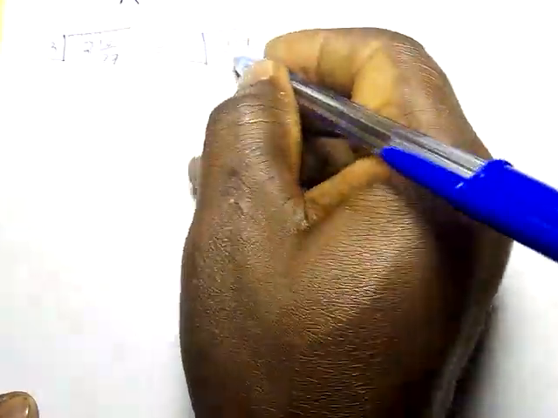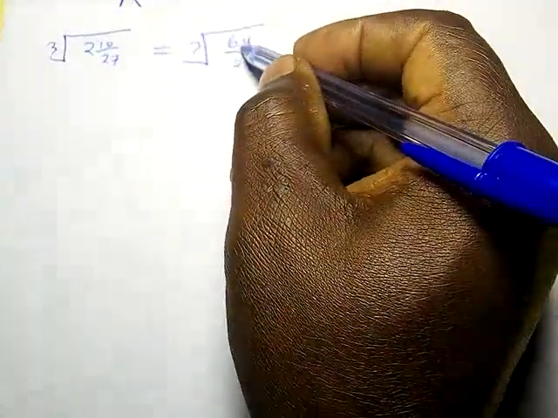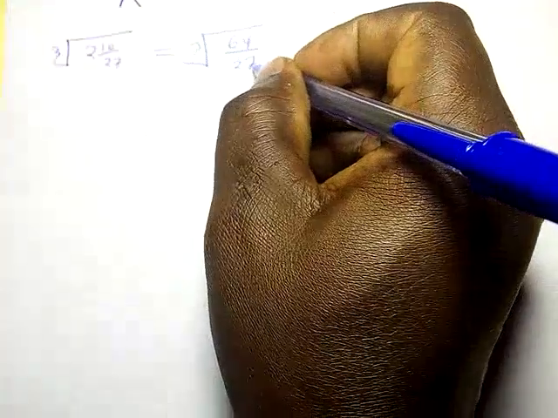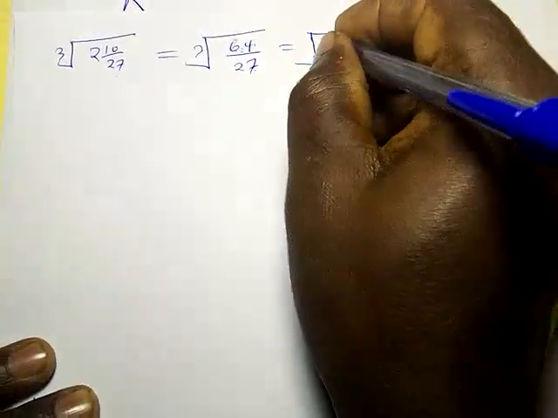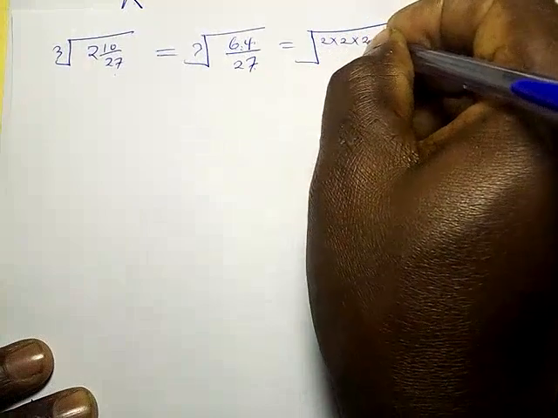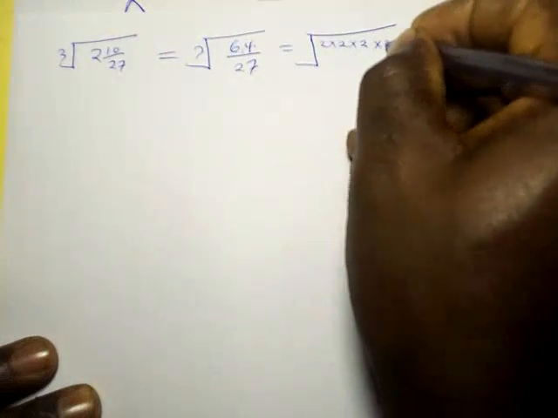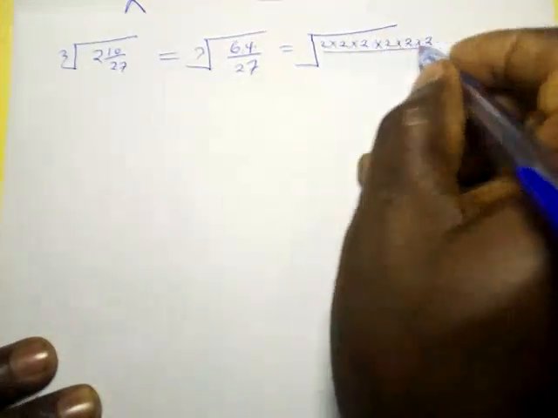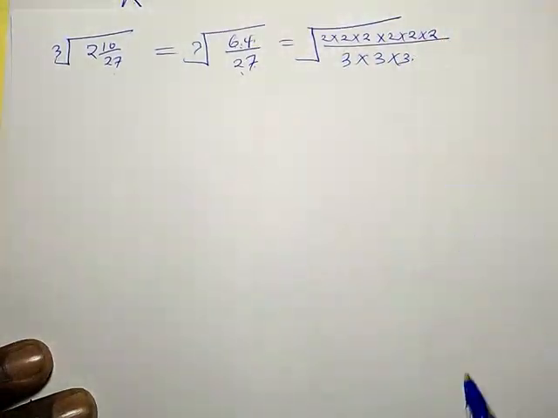So once you have reached there, you write the prime factors of 64 and the prime factors of 27, which will give us like this. 64 is 2 times 2 times 2 times 2 times 2 times 2, right? 27 is 3 times 3 times 3.